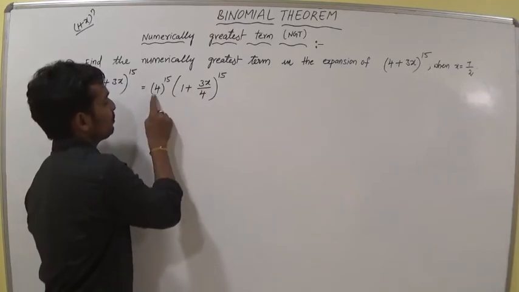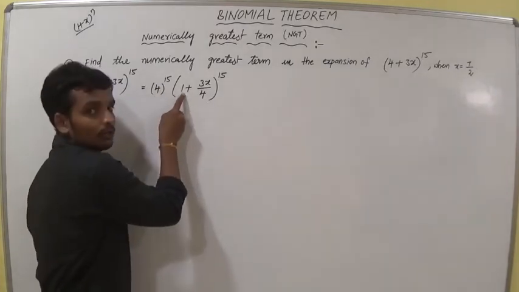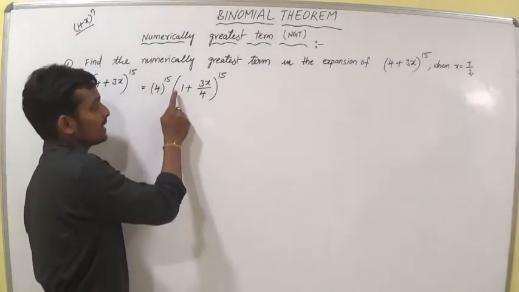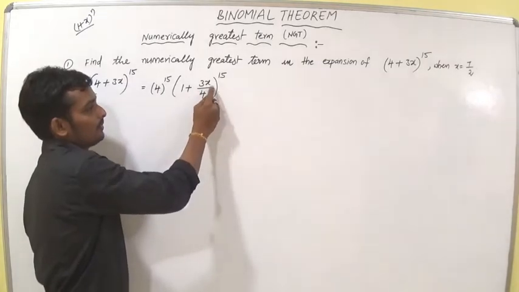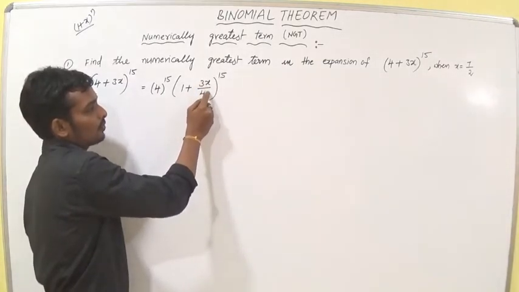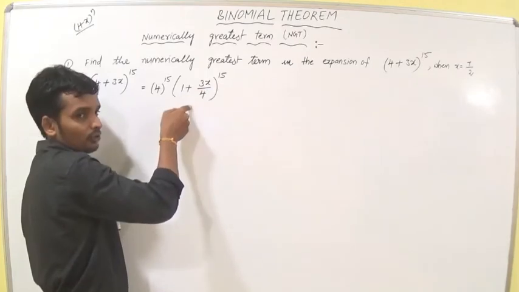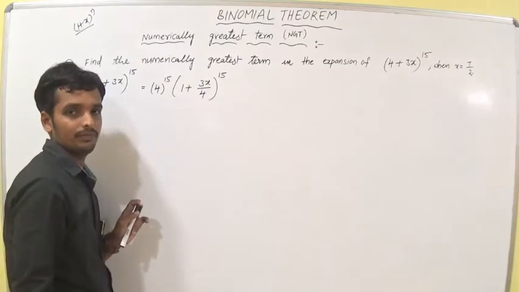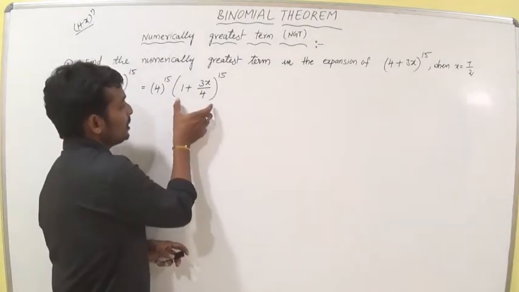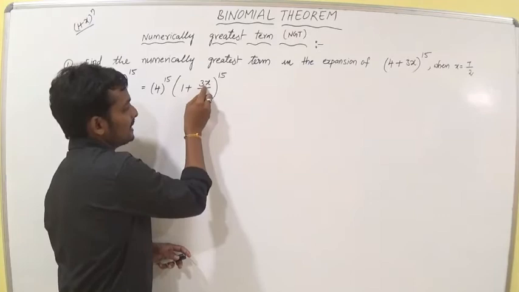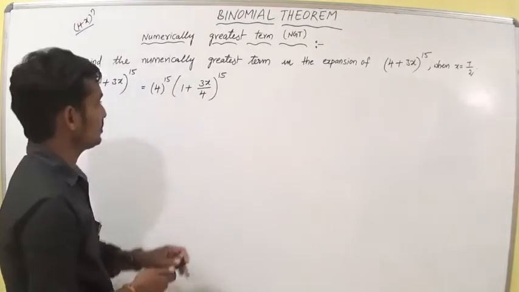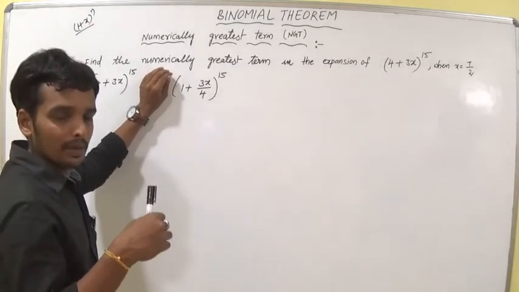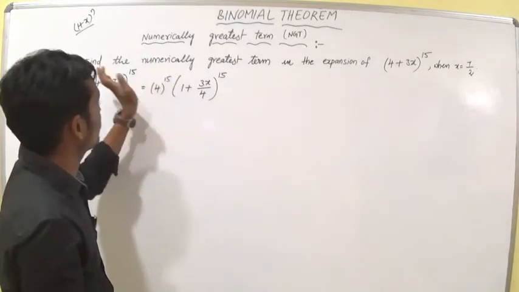If you multiply 4^15 into 1, it is 4^15. If you multiply 3x/4 by 4^15, the 4 to the power of 15 and 4 to the power of 15 cancel, and we just get (4 + 3x)^15. So now our problem is in the form of (1 + x)^15. We leave the 4^15 aside, since we do not need it when finding the numerically greatest term.